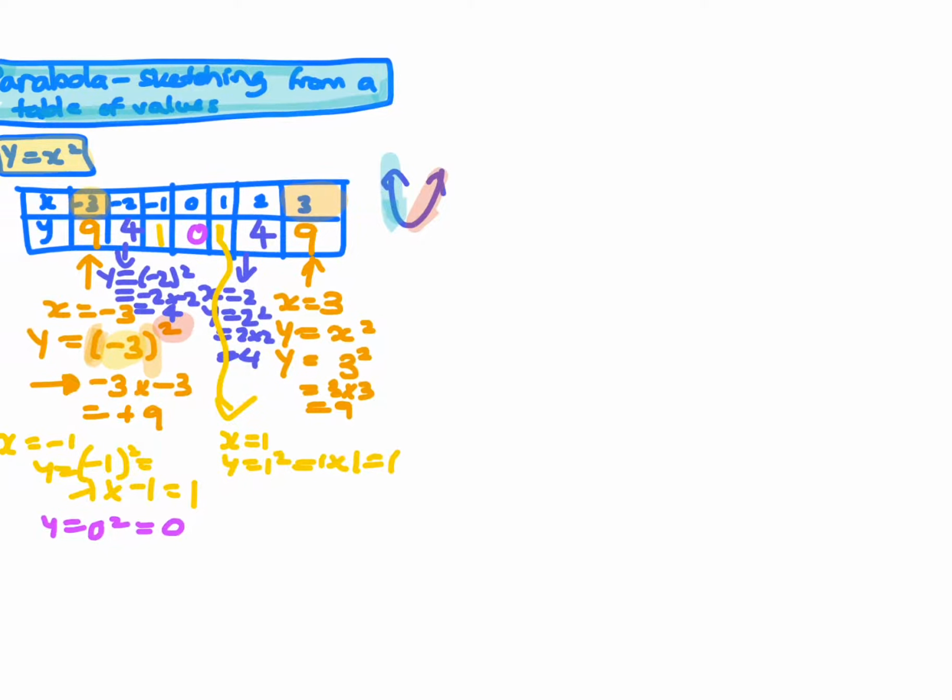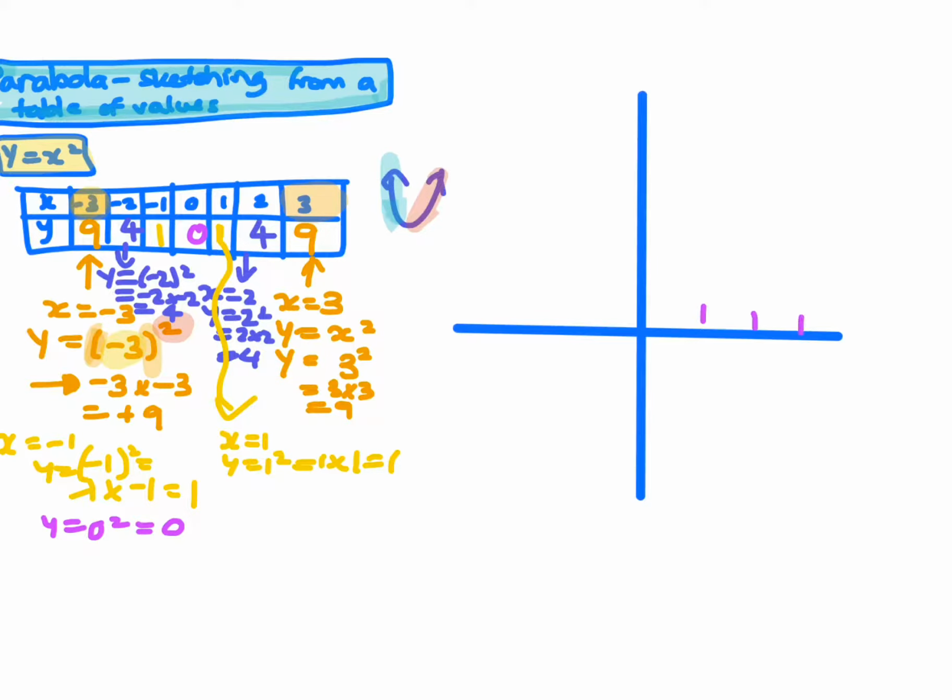Okay, so now what we're going to do is take this table of values and put them onto a number plane. So this would be 1, 2, 3, 1, 2, 3, -1, and that'll be a 0, -1, -2, and -3.